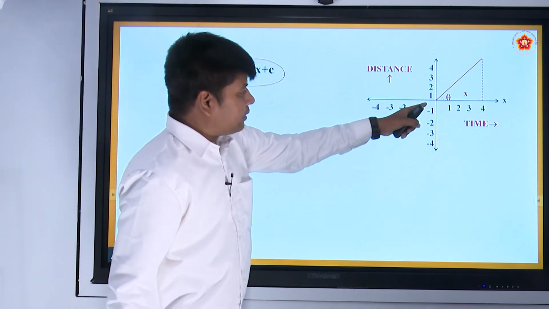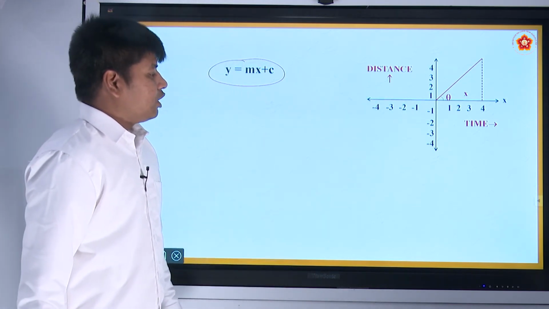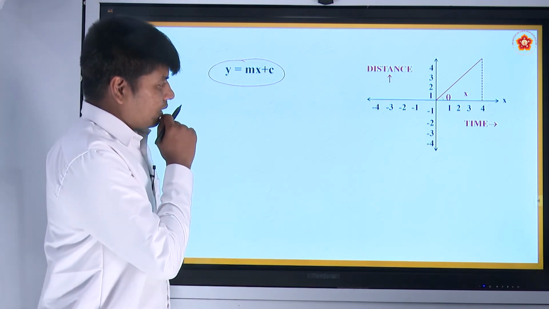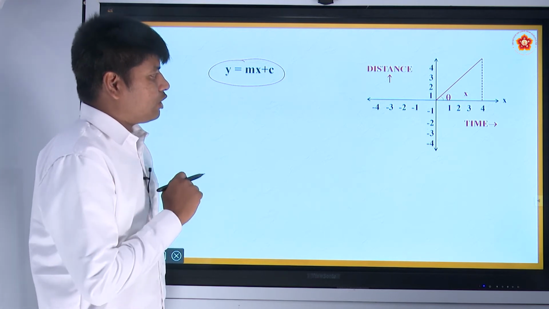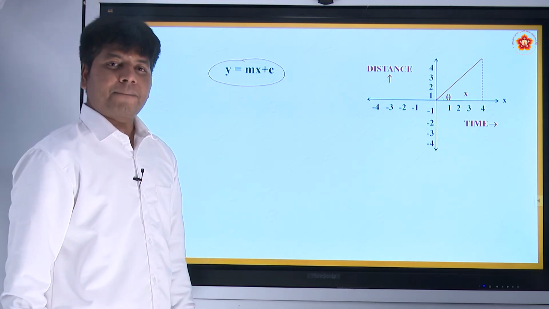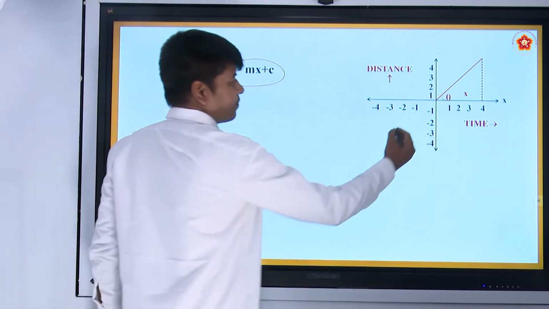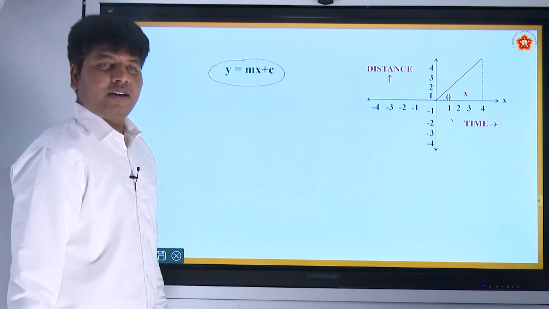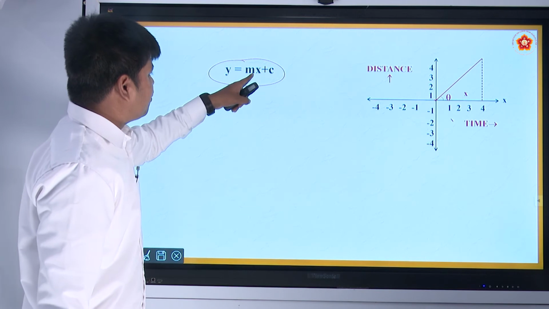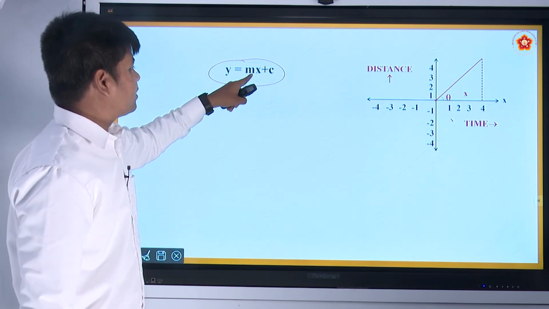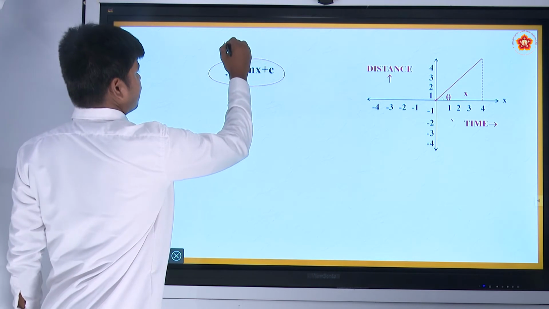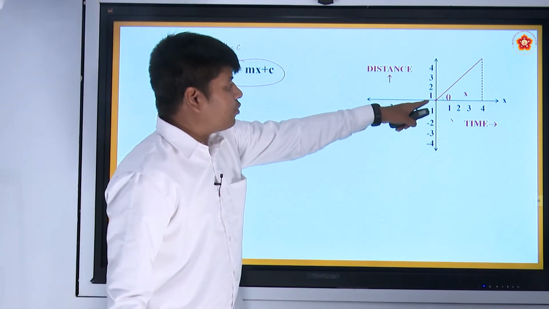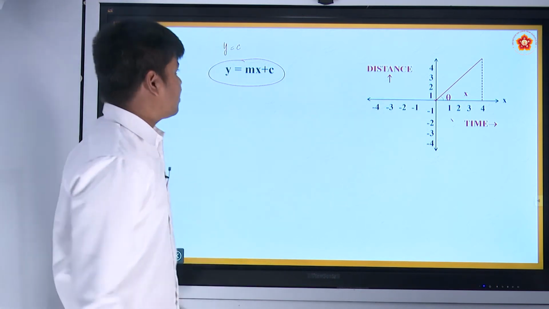Now, see this graph. If you see this graph, you can know that at x equal to 0, what is the y value? At x equal to 0, the y value is also 0 here, right? So if you plug into this equation x equal to 0, what does it give? y equal to c, right? So from the graph, you know at x equal to 0, y is also equal to 0.